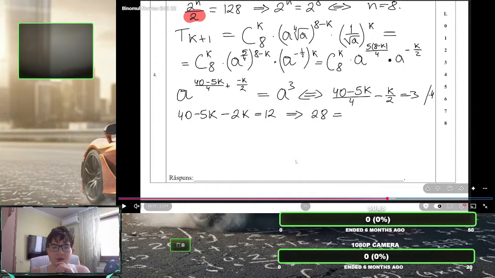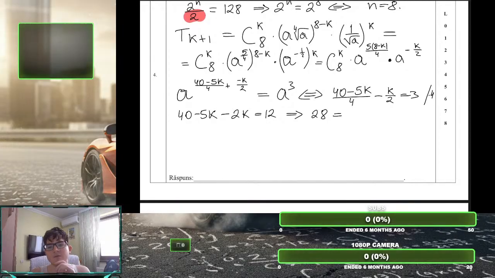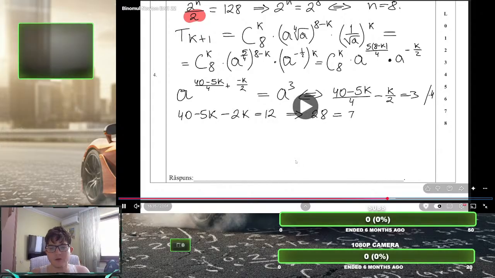So basically we multiplied the right side by 4, so that we don't have to write down divided and stuff. So it's 12. Now it's 40 minus 7k equal 12. And essentially 20. Why 28?